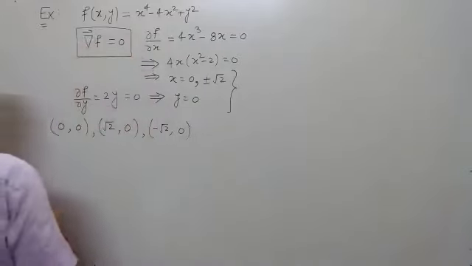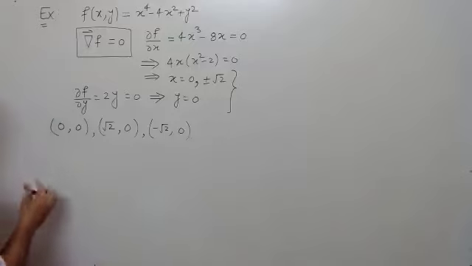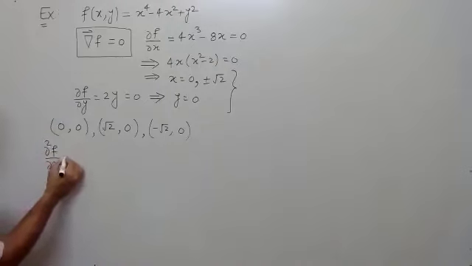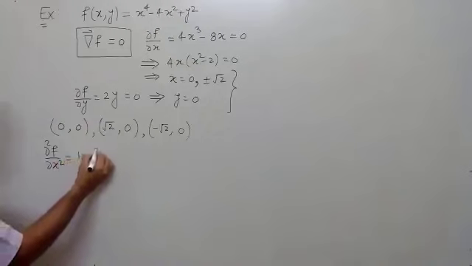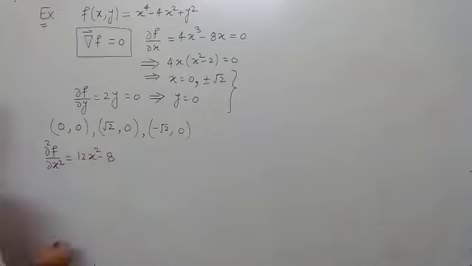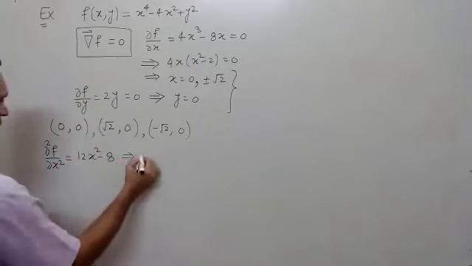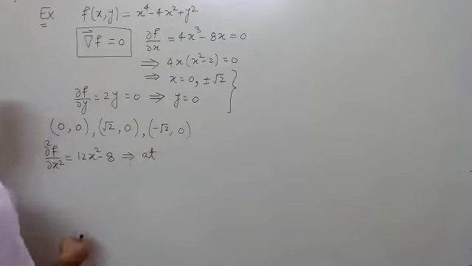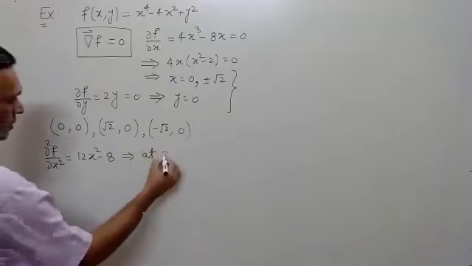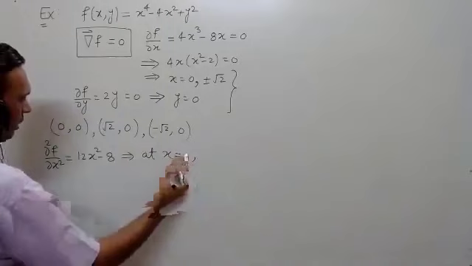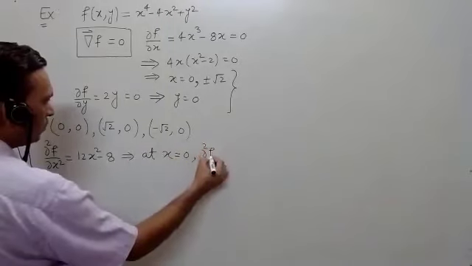So let us see. First test is to find the second derivative. What will be this value? This is 12x square minus 8. Let us calculate this value first at x is equal to 0.